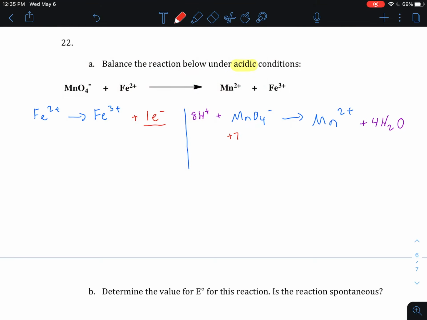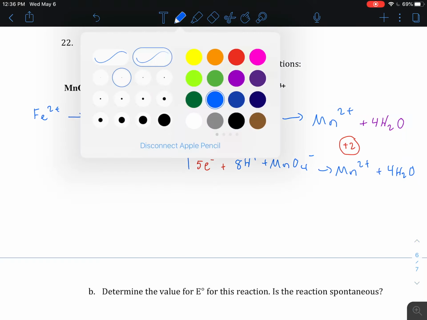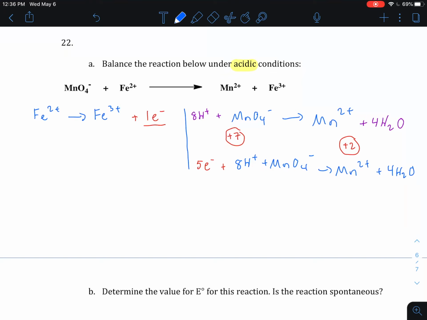Now I need to add electrons to balance things out, and right now as it stands, the left side of the equation is +7 and the right side of the equation is +2. So that means I'm going to need to add 5 electrons to the left-hand side. And now we're fully balanced.